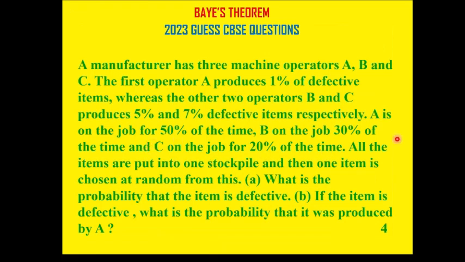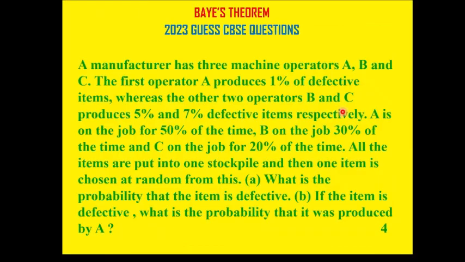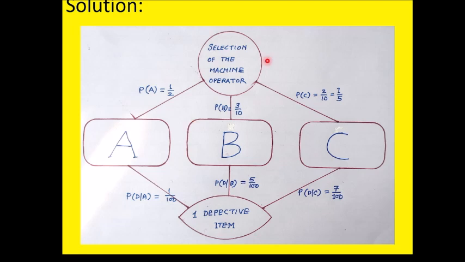Because A is on the job for 50% of the time, B on the job for 30% of the time, C on the job for 20% of the time. So that is why 50 by 100, 1 by 2, 30 by 100, 3 by 10, and 20 by 100, 1 by 5. And the other data that they have given is A produces 1% defective, B produces 5% defective, C produces 7% defective. So that is why 1 by 100, 5 by 100, 7 by 100.